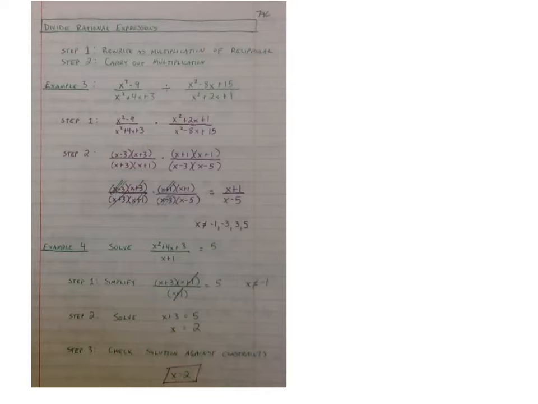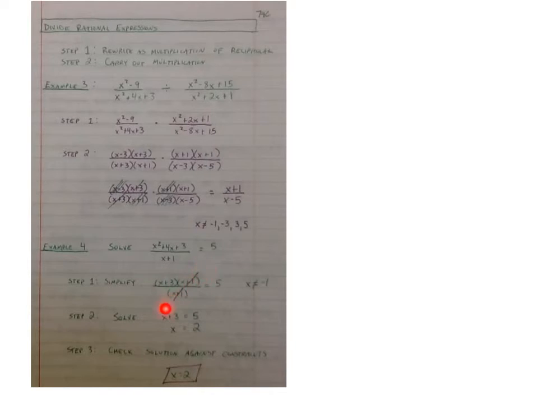Usually these problems will just say assume all expressions are defined, so you don't have to do this step, but it's a good habit to have. Finally, all this folds into solving a rational expression equation. So in this equation, what we have is a rational expression is set equal to 5, and all we did was we simplified the left-hand side and set it equal to 5.